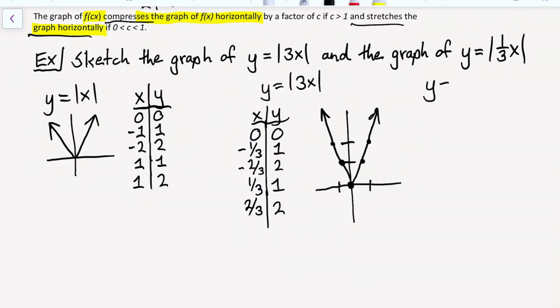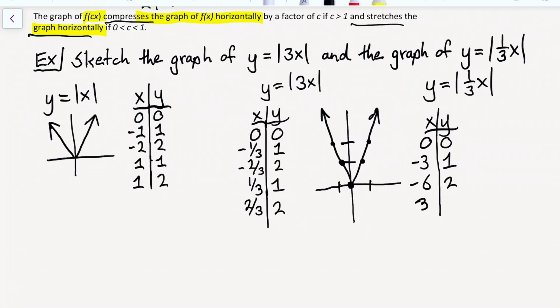In contrast, if I sketch the graph of y equals the absolute value of 1/3 x, I would take every x value in the toolkit function and I would multiply it by 3. So here I have 0, 0, I have -3, 1, I have -6, 2, and so on.